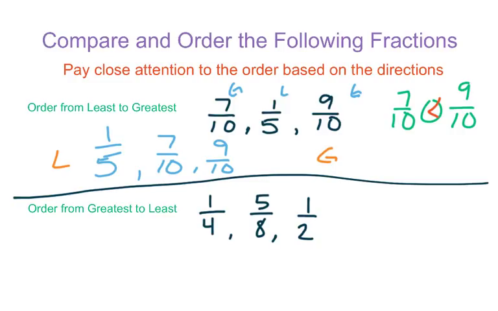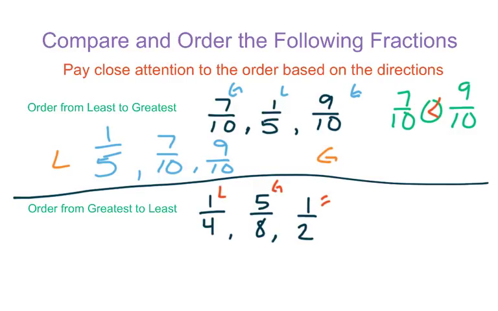Go ahead and solve the next problem. Again, I'd start by determining which fractions are greater than or less than a half so that you have a good starting point. If we label our fractions as greater than or less than our benchmark, 1/4 would be less than, 5/8 would be greater than, and 1/2 is equal to a half. Just by doing that quick step, I automatically have the order of my fractions.